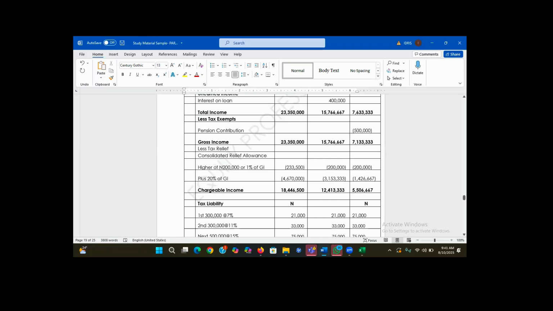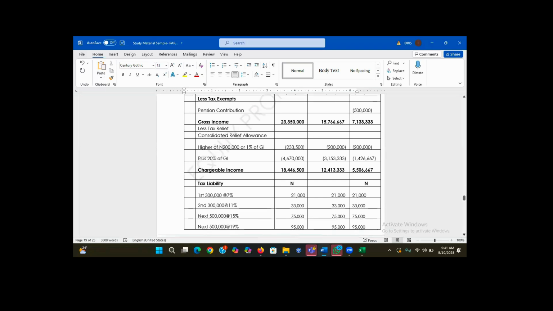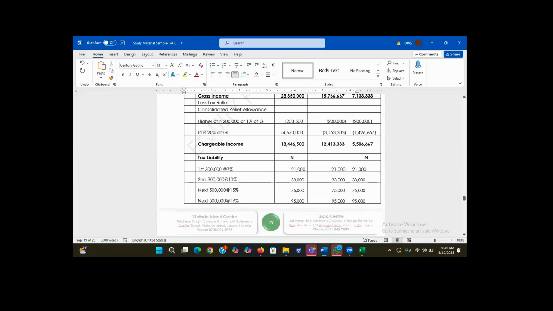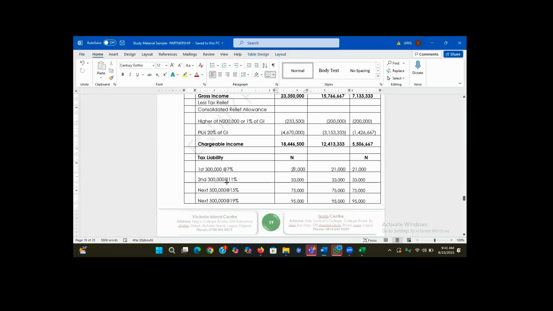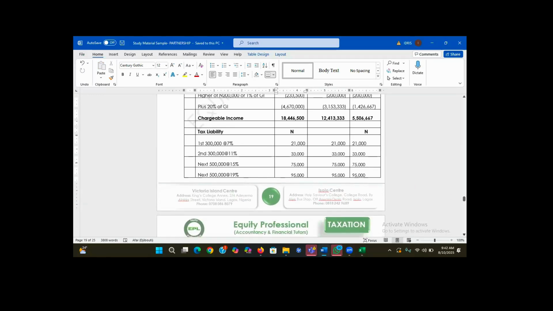Now, let's go to tax liability. First 300,000 at how many percent? 7%. Second 300,000 at 11%. Next 500,000 at 15%. Next 500,000 at 19%. Yes, sir.